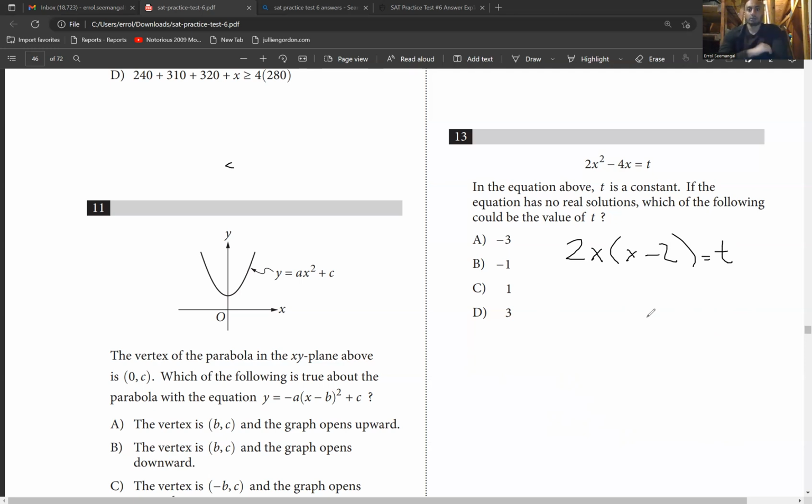Okay, if t is a constant and the equation has no real solutions, which of the following could be a value of t? Does that make sense?